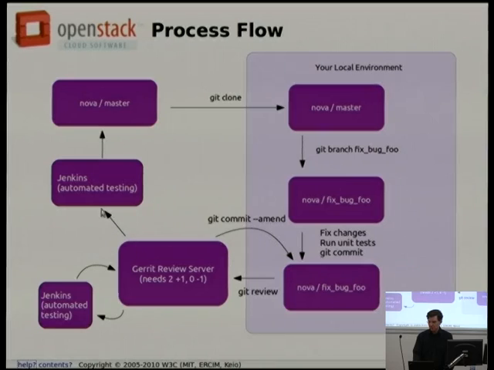Then it goes through one last round of testing, and this is what we call the gating process. This is where right before the change lands in the repository, we test it one more time. Basically, because this process might have taken a while. It might have taken a couple of hours, it might have taken a couple of weeks.